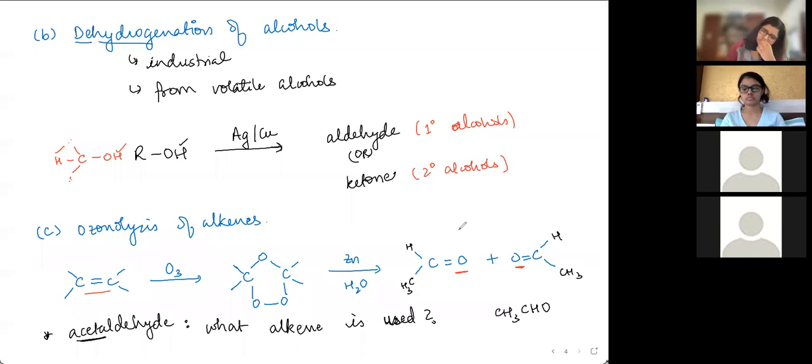Dhriti, check again, how many carbon atoms are here? There won't be a carbon in between; the double bond connects them directly. So what I'm doing here is taking C double bond C, breaking it, and putting an oxygen here. If I go from here to here, I take away the oxygen and directly join them with a double bond. So Dhriti, try again. And Ansh, let me know if you've got it, are you typing the answer?